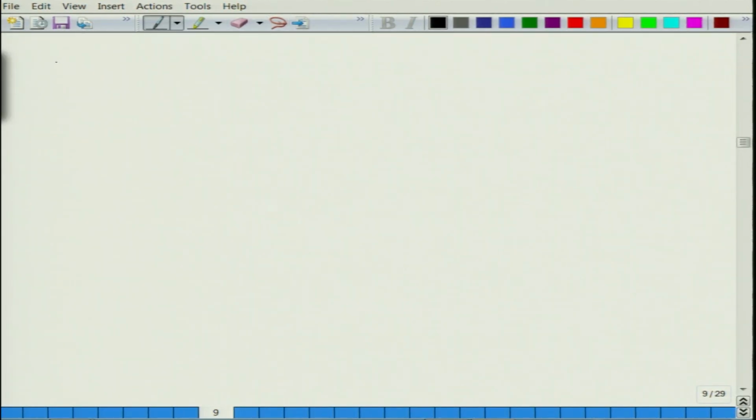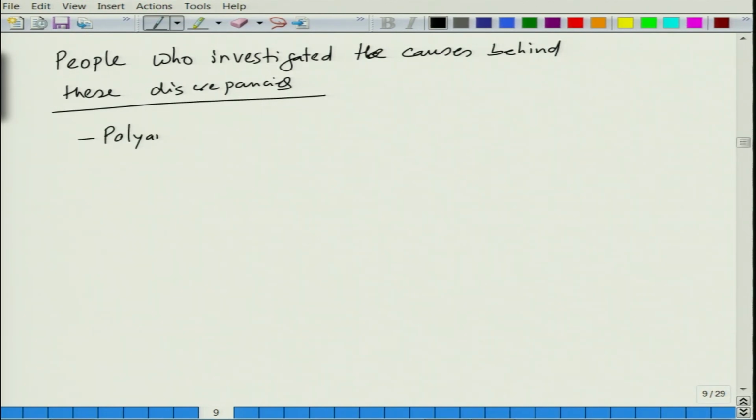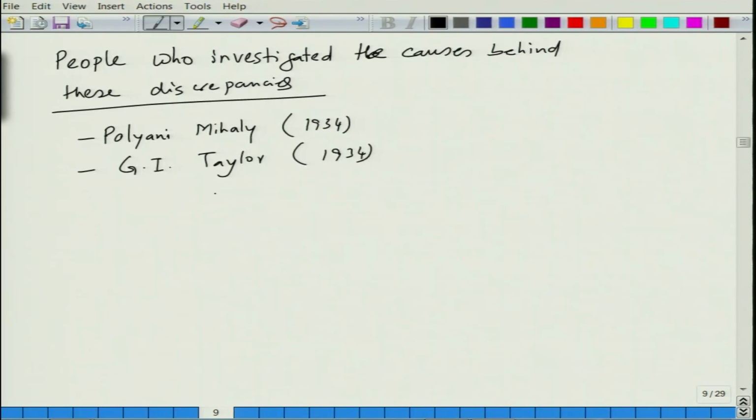So, the people who investigated the causes behind these discrepancies were Polanyi, Mihaly in 1934, and then G.I. Taylor in 1934.